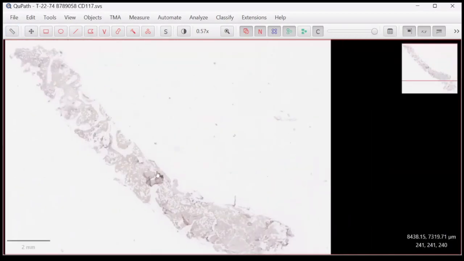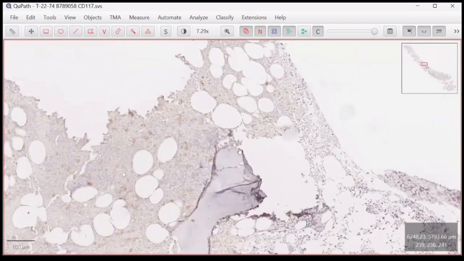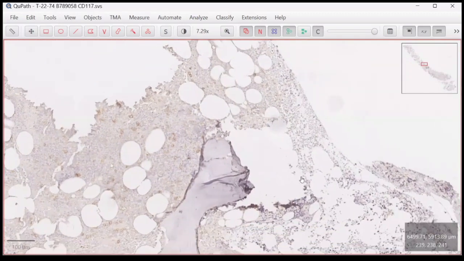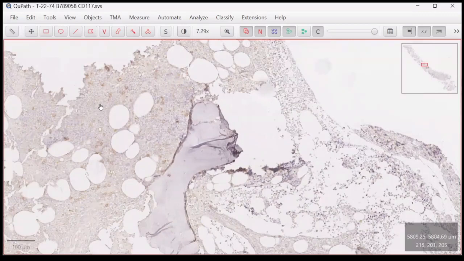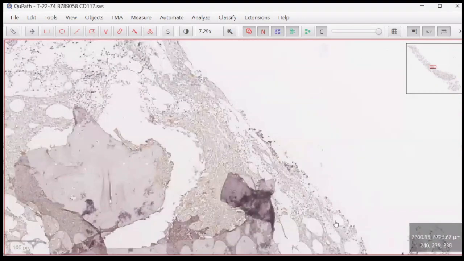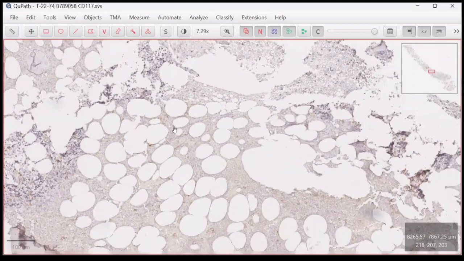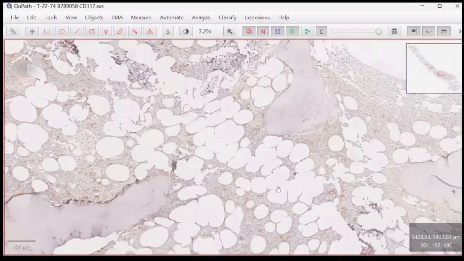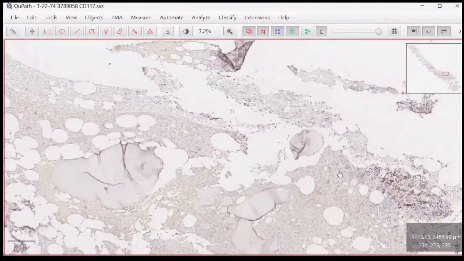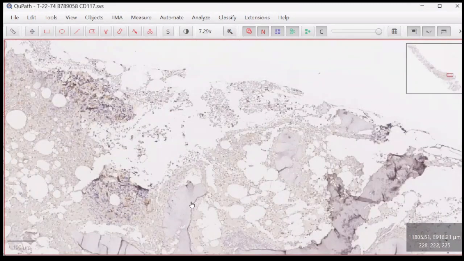Okay, this is CD117. It shares a similar pattern of individual cells. So in your report, you can semi-quantify the number as well as the pattern.